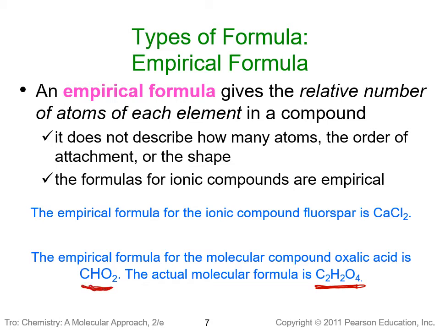The empirical formula is the lowest terms. So in this example, for our molecular formula, we would divide each of the subscripts by 2 in order to get our empirical formula. The reason we use empirical formulas is because frequently this is the information we get from our chemical analysis.